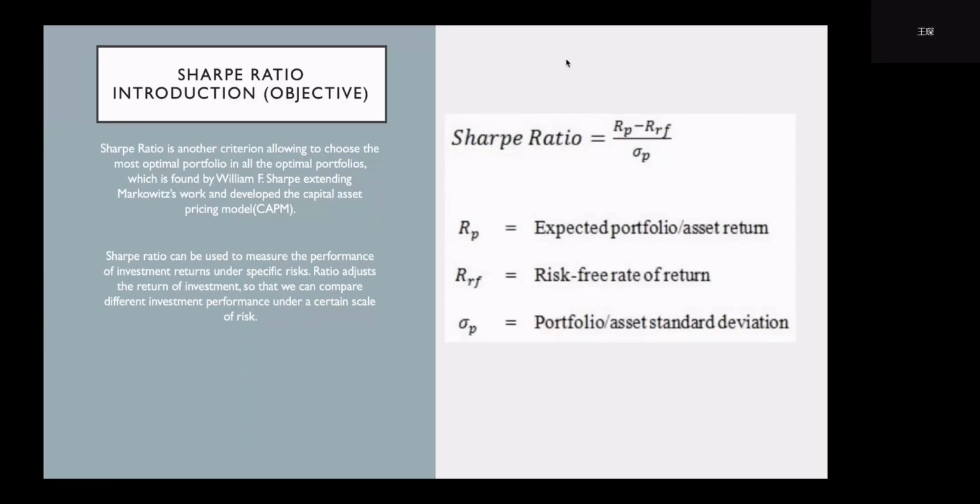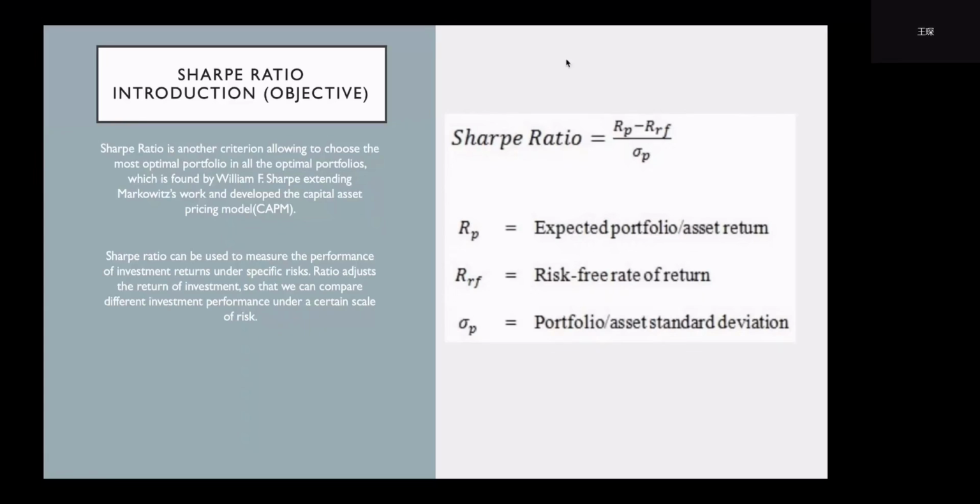We only use one of his achievements here, which is the Sharpe ratio, as the criterion for selecting the best portfolio. Here on your right hand, we have the formula for the Sharpe ratio. The Sharpe ratio is equal to the expected portfolio return minus the risk-free rate of return, divided by the portfolio standard deviation.